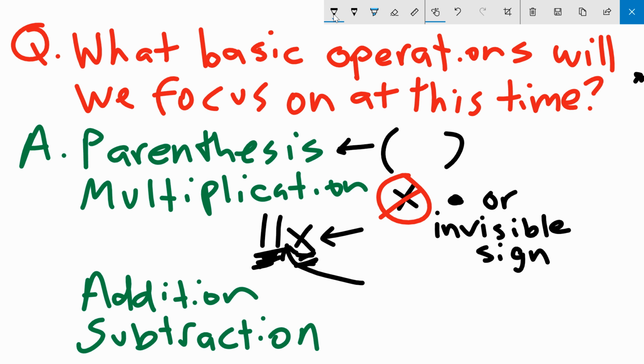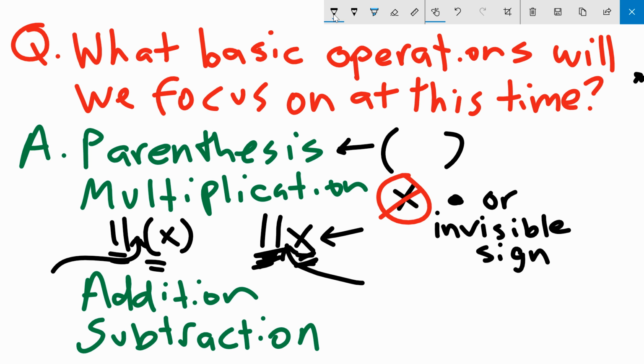Also, you could have an invisible sign between a number 11 and a parenthesis. There's the invisible sign right there. You don't see it, do you? But if you see a number next to a parenthesis, all right?